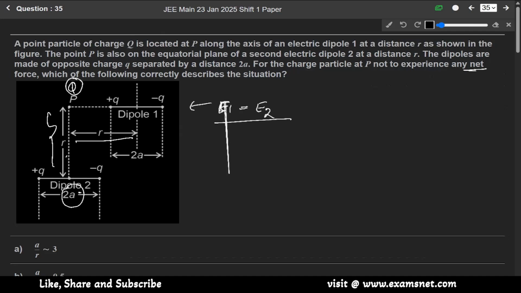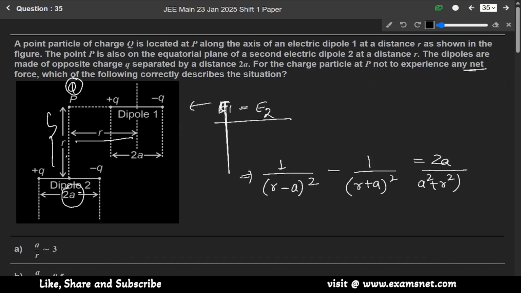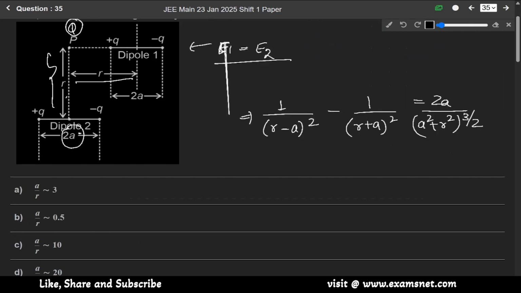So, for this we can write 1 over (r minus a) whole square minus 1 over (r plus a) whole square is equal to 2a over (a square plus r square) raised to the power 3 by 2. Now just solve it.